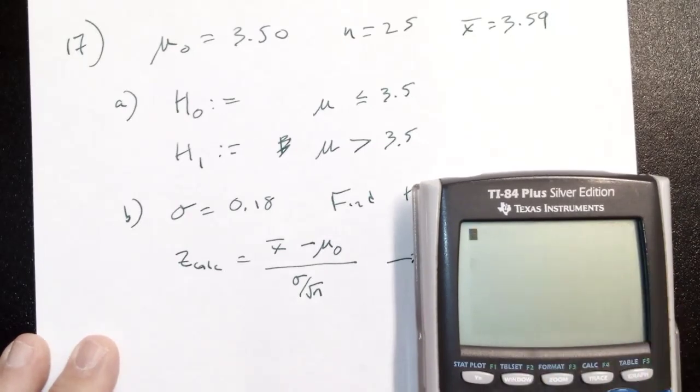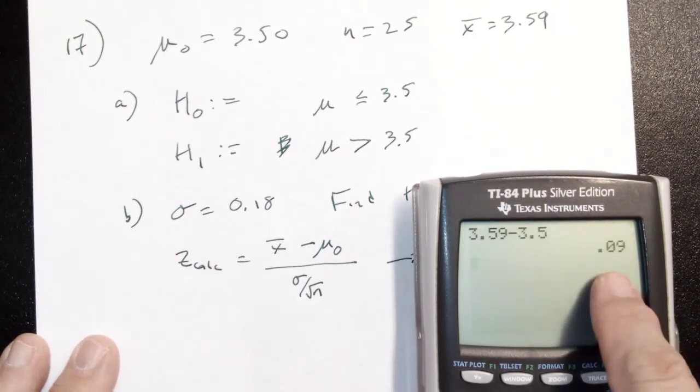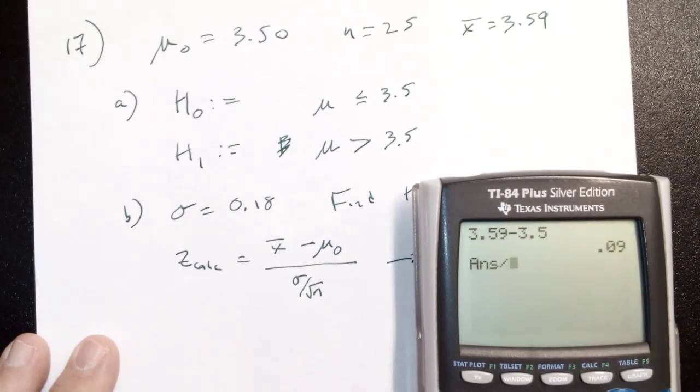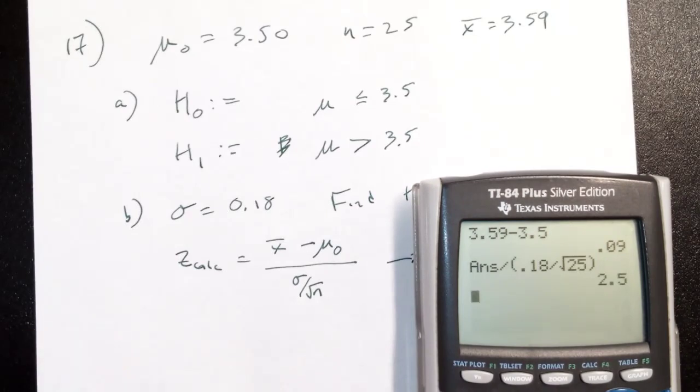In order to do this calculation, 3.59 minus 3.5, that's 0.09 on the top, divide by parentheses, 0.18 divided by square root of 25. A much smaller value. Can't forget that.